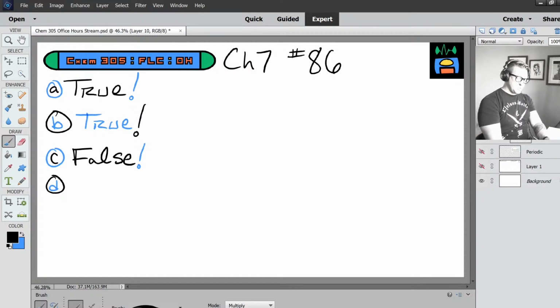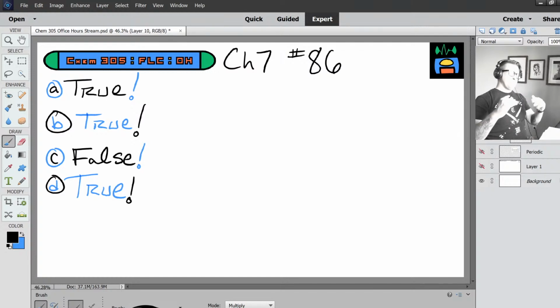And that is true, because higher pressure means higher boiling point, lower pressure means lower boiling point. So if the pressures differ, you can't compare the two. That is the conceptual answer to number 86 from chapter 7.